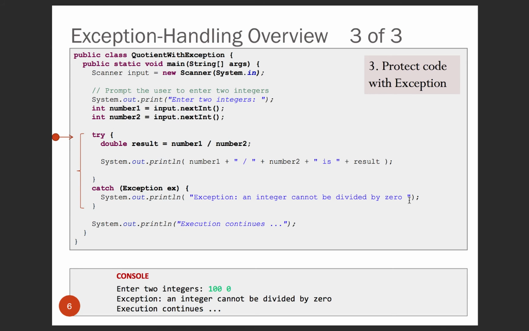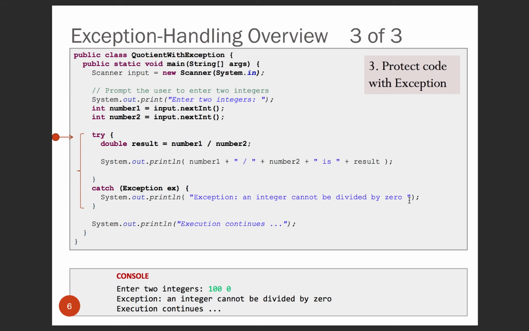This is the idea: if you think that some code is sophisticated and can raise errors during runtime, then you should keep those statements in the try block.